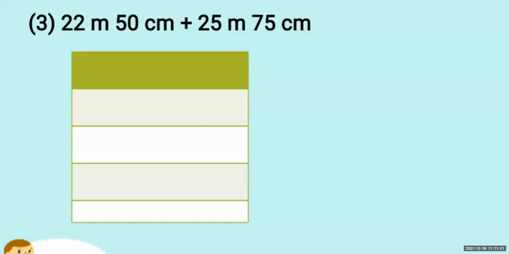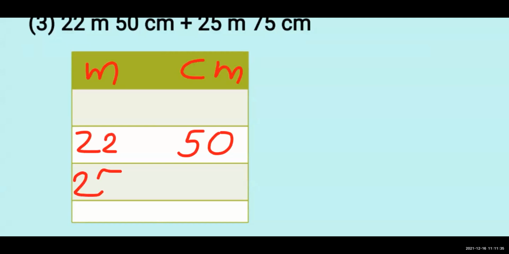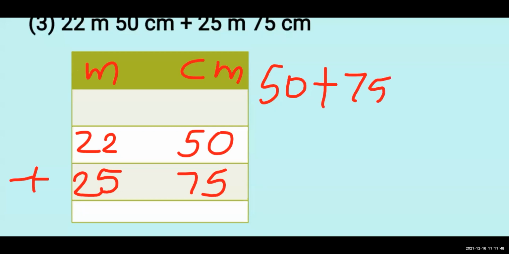Now I'll start. Here are the two units, that is meter and centimeter. Then I have to leave the box and I'll write 22 meter, 50 centimeter, 25 meter and 75 centimeter. Then add. So my next step will be 50 plus 75.